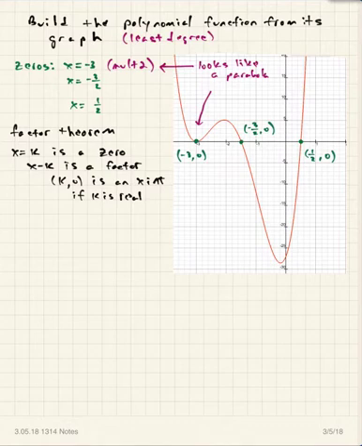But for us, what we're talking about is that if k is a 0, x minus k is a factor. So what that means is x equals -3 is a 0. So that means that x plus 3 is a factor.